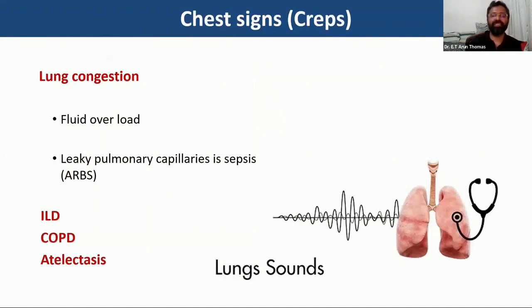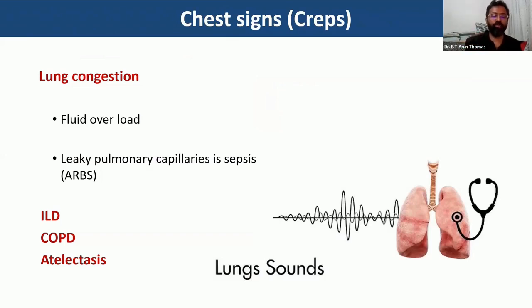And about the chest signs, crepitation. If there is significant crepitation, it could be lung congestion, and it could also be because of ARDS, because ARDS is very common in sepsis. And even if there is ARDS and there is crepitation on chest auscultation, the patient may be intravascular volume depleted. So judicious resuscitation is still needed if the patient is in shock.